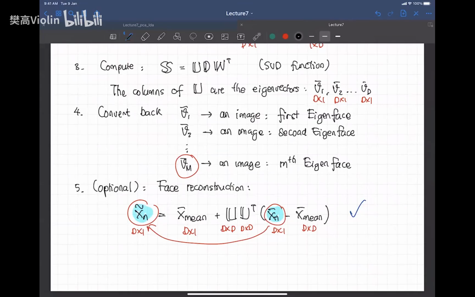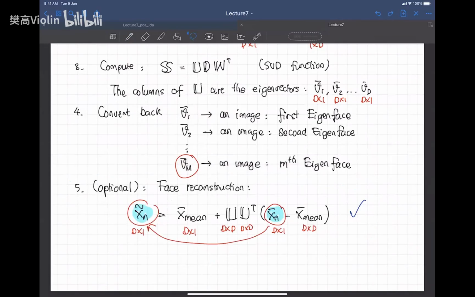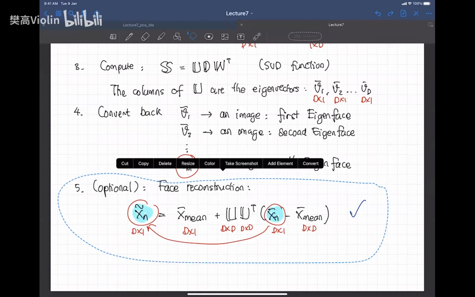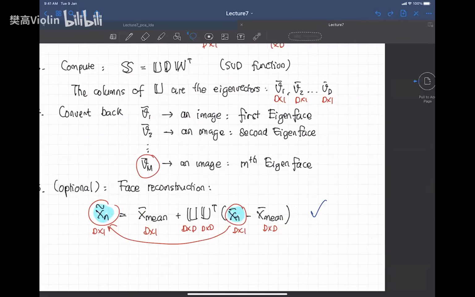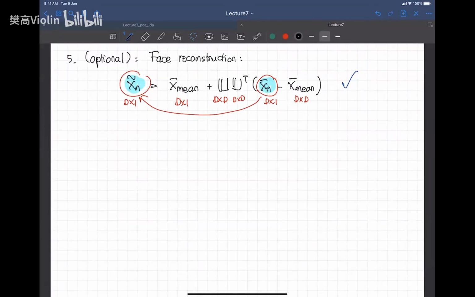So to answer that question, let's put this on the next page. Sorry. Okay, so if we want to do dimensionality reduction, how can we do it? We want to have m eigenvectors instead of d, where m is smaller than d.